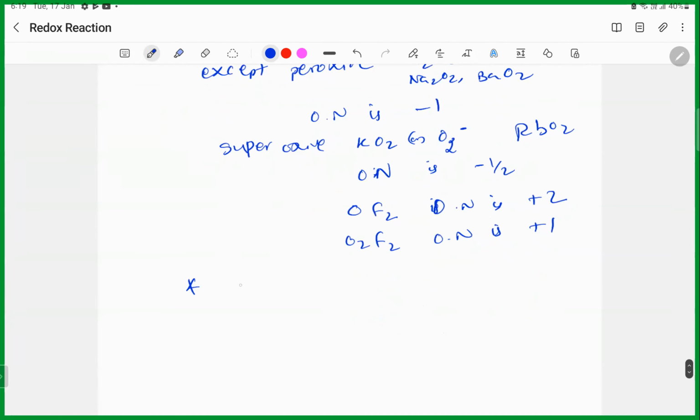And then fluorine is the most electronegative element, and its assigned oxidation number is -1.